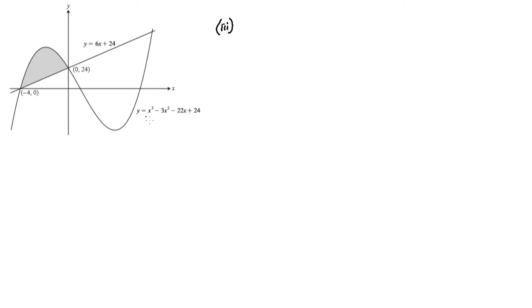So y equals x cubed minus 3x squared minus 22x plus 24, and to find area you always integrate between the x-axis and the curve. And we need to set a boundary condition, the larger number at the top and the smaller number at the bottom.